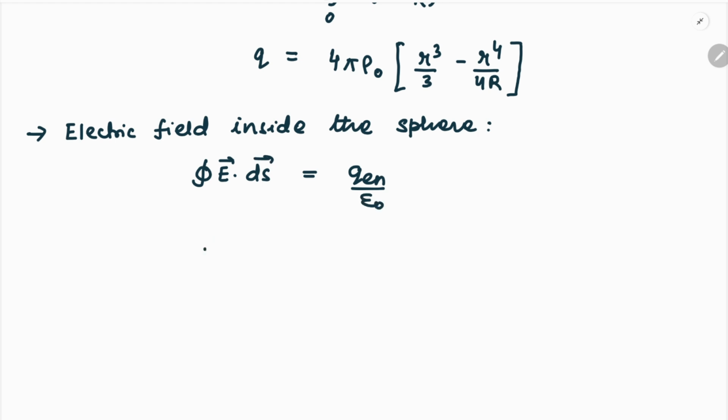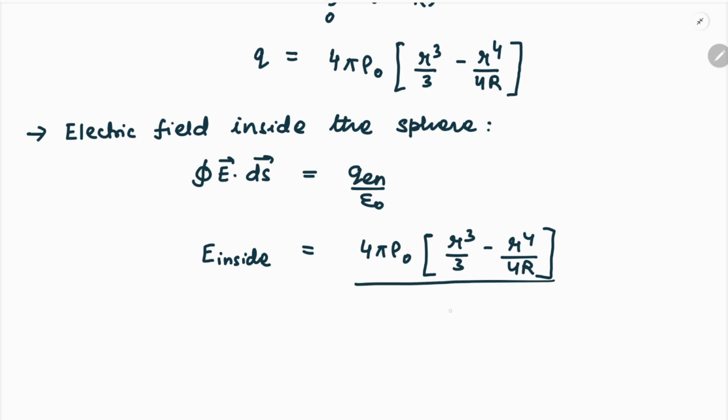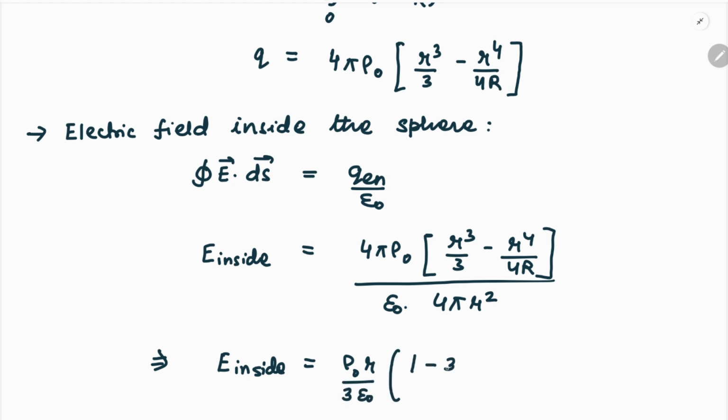So we can say that E inside is equal to the charge enclosed, 4 pi rho naught (r cubed by 3 minus r to the power 4 by 4R), divided by epsilon naught times 4 pi r squared. So here we get E inside, on resolving the terms, as rho naught r by 3 epsilon naught times (1 minus 3r by 4R). So this is the first part of the problem that we discussed.